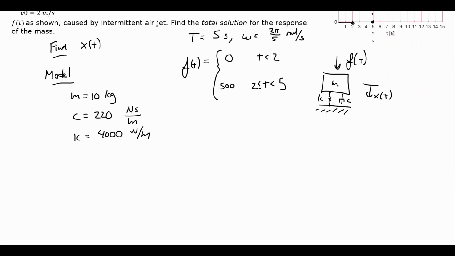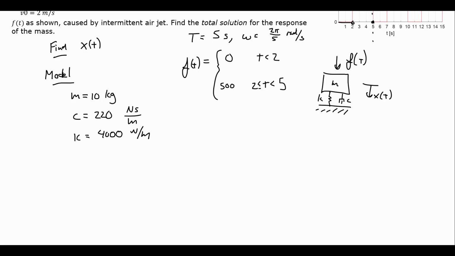So why do we care about this? Well, right now we could write our equation of motion. We have our m, c, k, we have our f of t as this piecewise function. While we're in this modeling step, I'm going to do the Fourier expansion of f of t to find those coefficients before I head off to the equation of motion step.